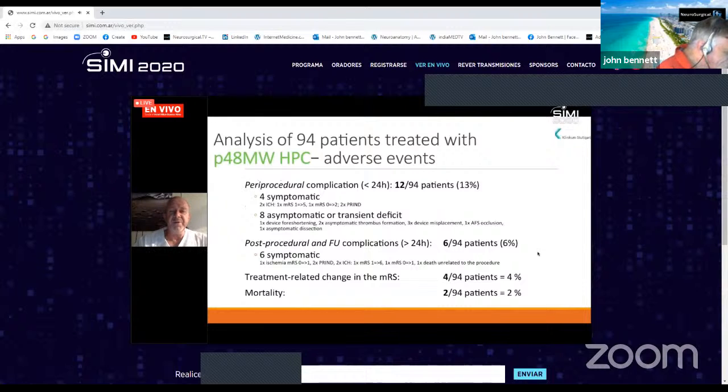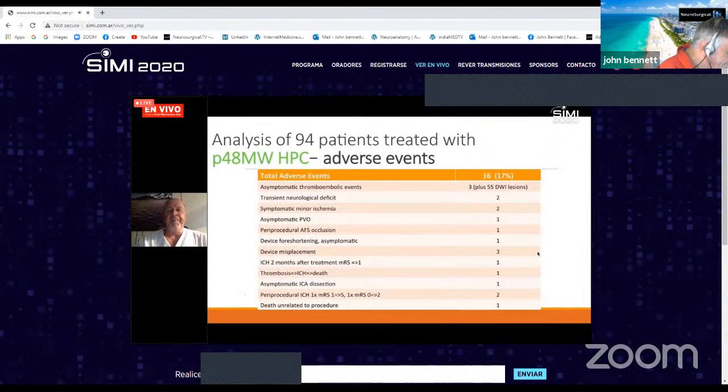One of these 2 patients died after the treatment. The cause of death, however, was unrelated to the treatment itself. She had another CNS disease and died from this. Breakdown of the adverse events. We had asymptomatic thromboembolic complications, a little less than with the uncoated P48. Transient deficit in 2, symptomatic minor ischemia in 2.